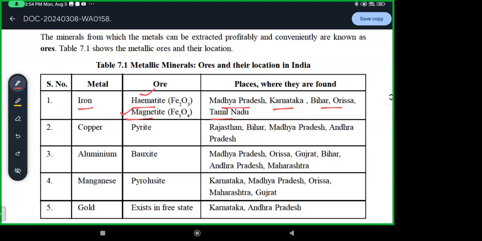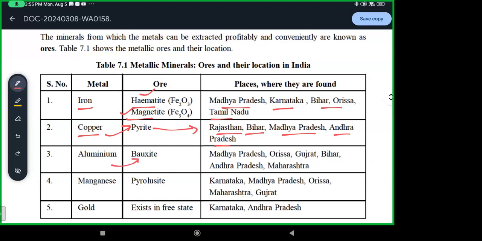Then we have copper. Copper metal is derived from pyrite ore. This is found in Rajasthan, Bihar, MP, Andhra Pradesh. Then we have aluminium metal, which is derived from bauxite ore.